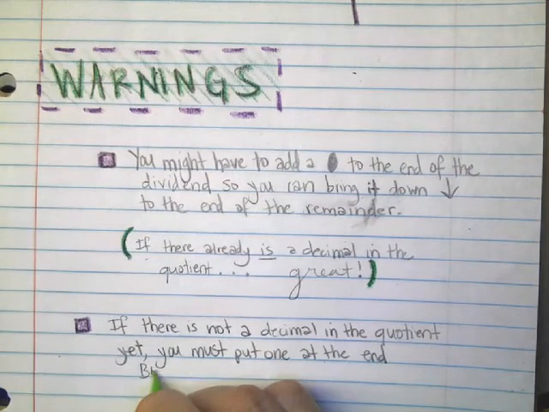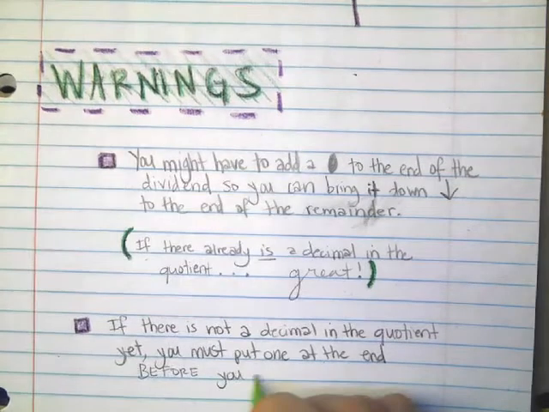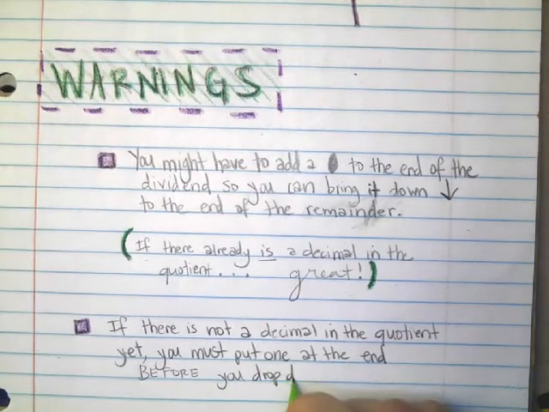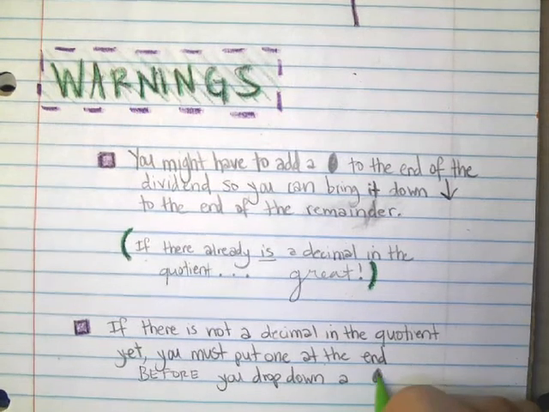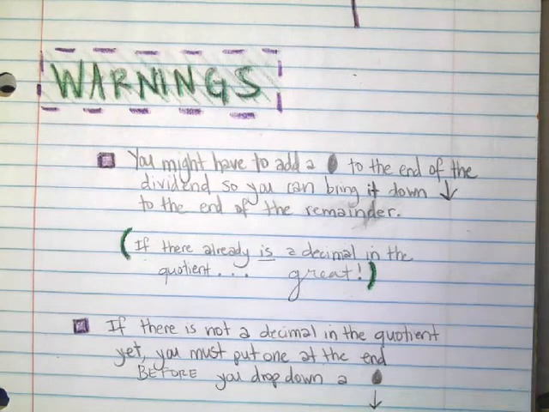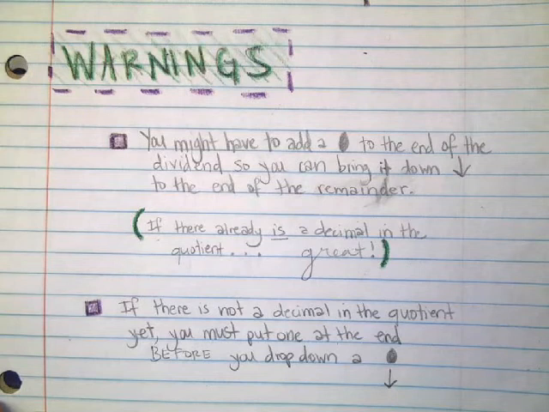If there is not a decimal in the quotient yet, you must put one at the end before you drop down a 0. And that's that ghost 0, remember? Before you drop down a 0.